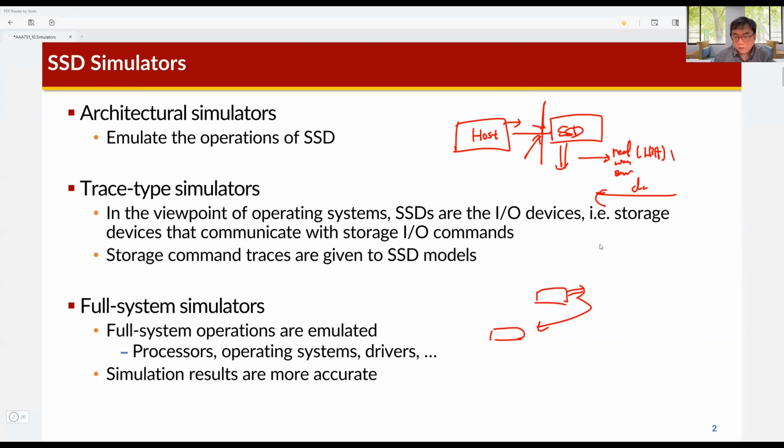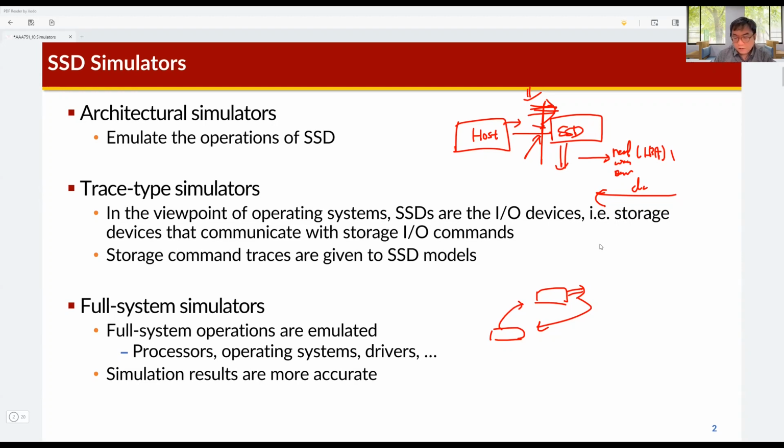So actually, the operation of the SSD is the interaction between the host system and SSD operations. But with the trace type, the host system just gives some commands to the SSD, and the timing of the commands does not change based on the operations of the SSD.